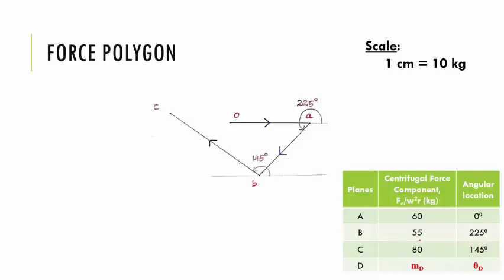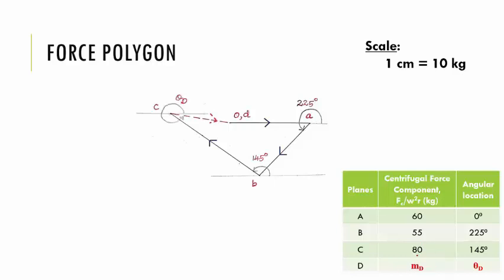To make the given system in complete balance, the force and couple polygon should be in closed position. Okay. So to make this force polygon to be closed from point C to the initial point O, we have to make a closed line that represents the force polygon side of the remaining mass D. Okay.